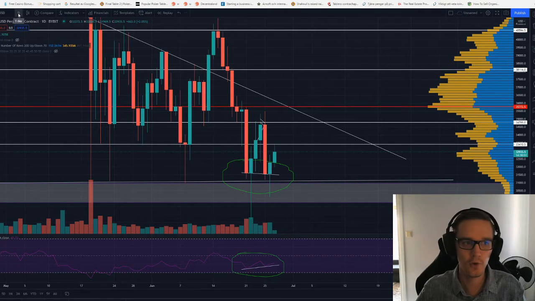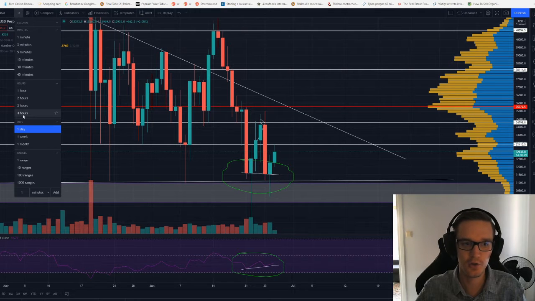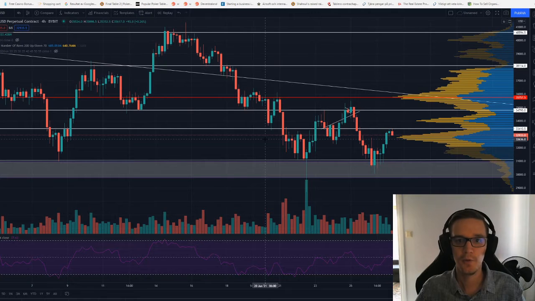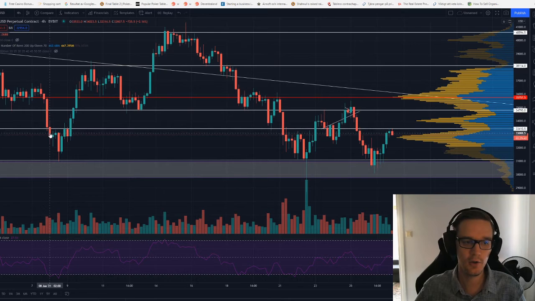So I would also like to show you a little bit in the short term here. So we jump to the 4 hourly chart here, and what you can see is that this support and resistance zone that I was talking about, if you look what happens in the history here, you can see that if you look back here, we broke down, we continued to the next support and resistance zone down here, and we reversed back up again.